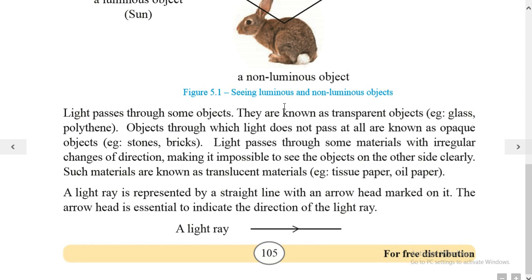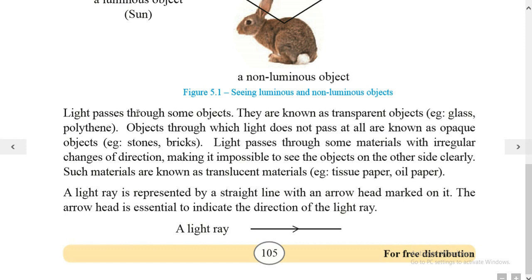Examples: glass, polythene, likewise. Opaque means objects that light does not pass through. These are the opaque objects, such as wood, plastic, or concrete.